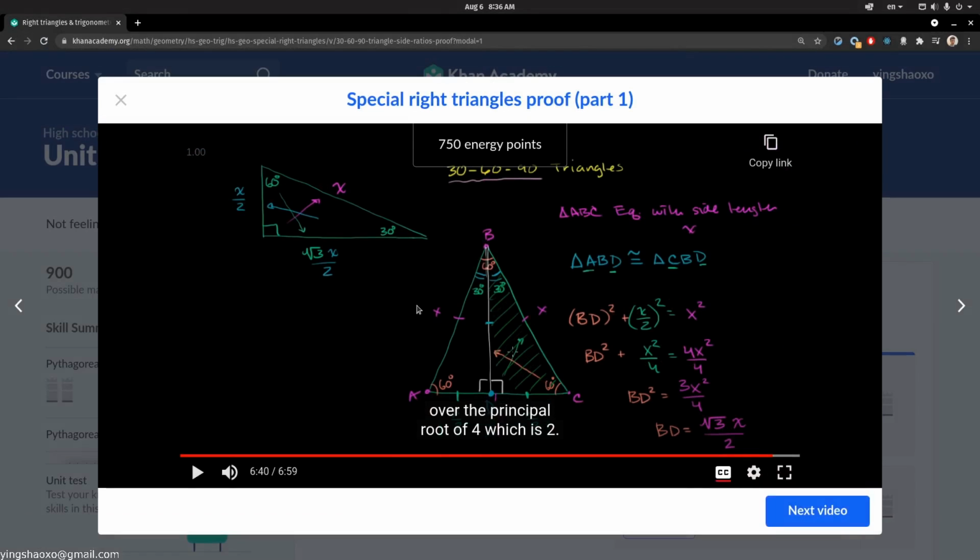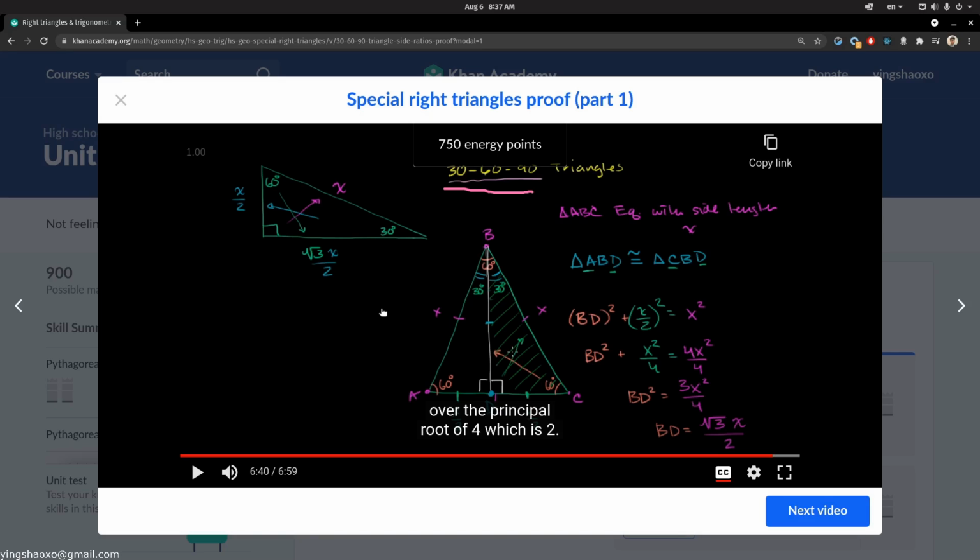Alright, so from this video we have learned that the theorem about 30, 60, 90 degree triangles comes out of a very basic idea, the, how do they call that, equilateral triangle.